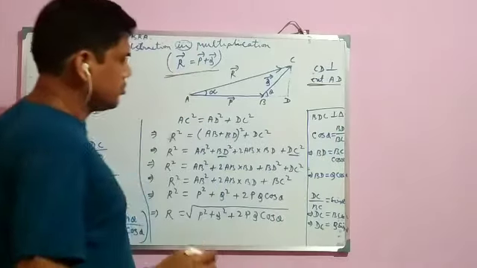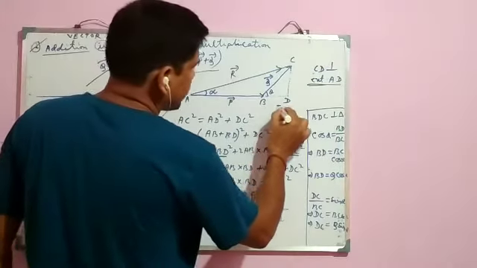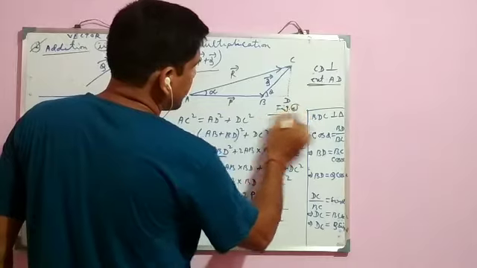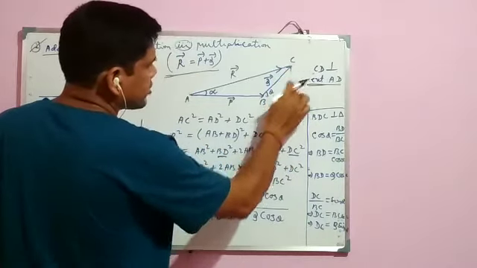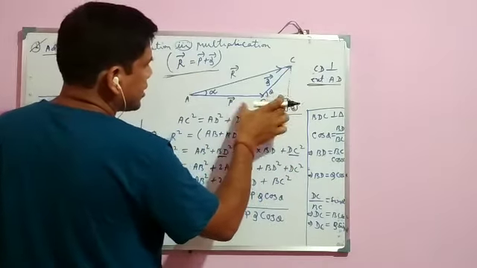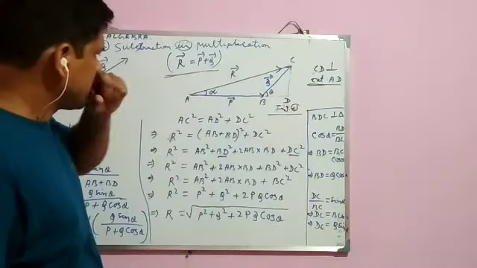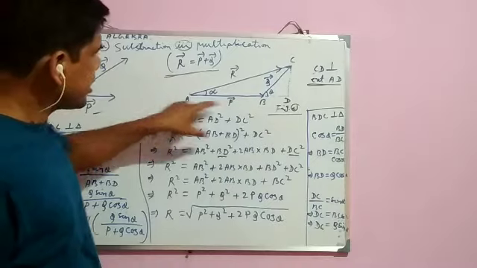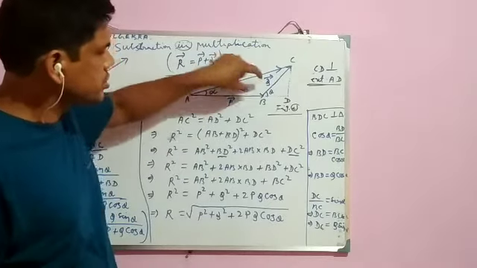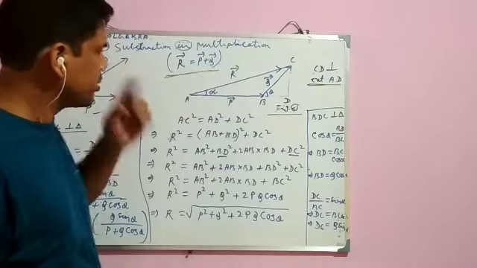See this figure, figure 1. CD is perpendicular to AD, and BD also we have drawn in this figure. Basically the triangle is ABC, and we have drawn the lines BD and CD.